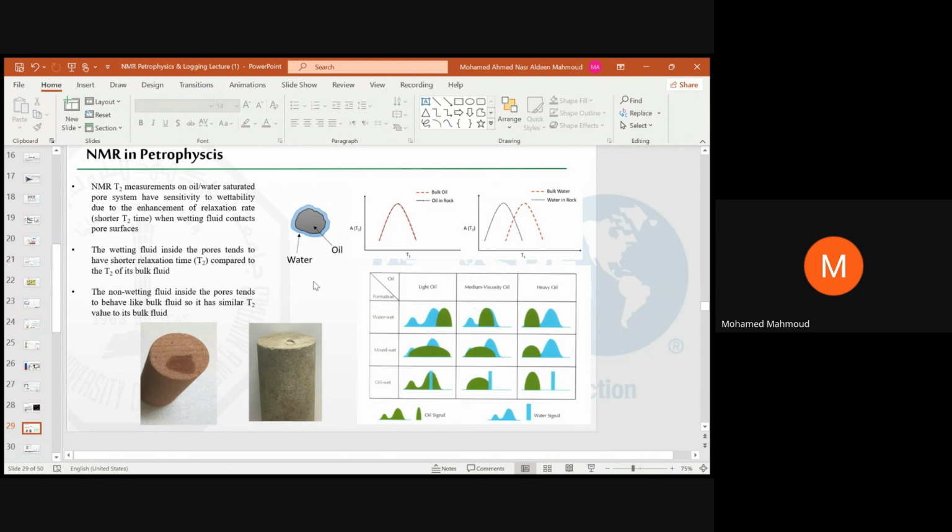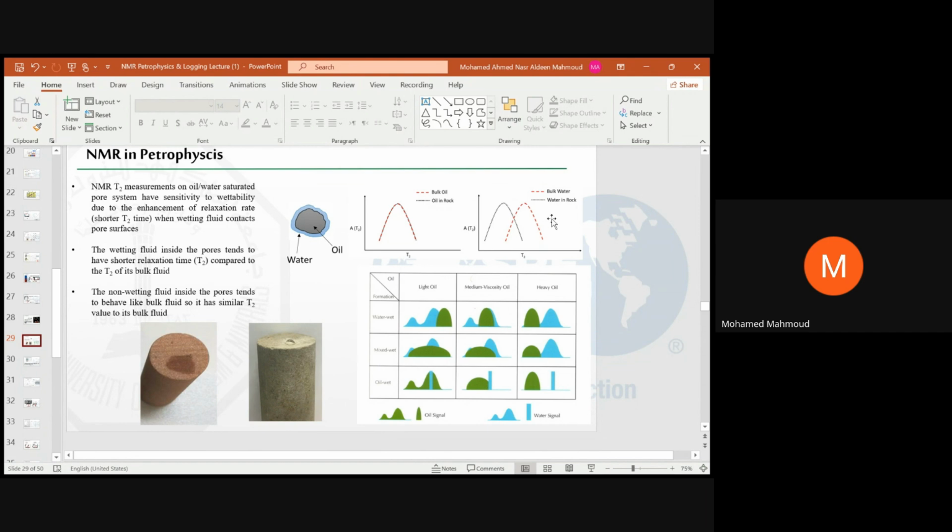NMR can give us information about the rock wettability by having different measurements, for example, the bulk fluid measurements and the saturated rock measurements. So, for example, this is the bulk water, and this is the water in the rock.